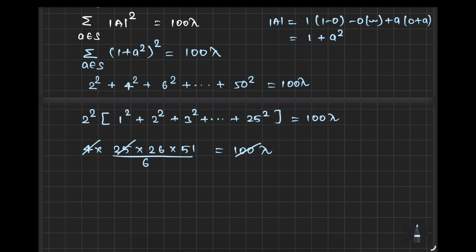Now you have to simplify things. So it is 3, this is 13. Now this is 17. So can I say that lambda will be equal to 5 times 13 times 17, so the value of lambda comes out to be 221.